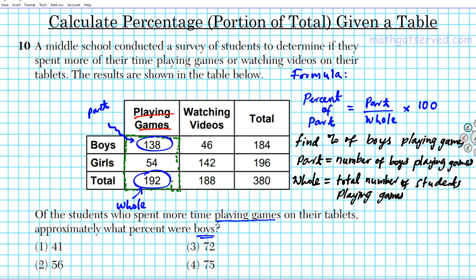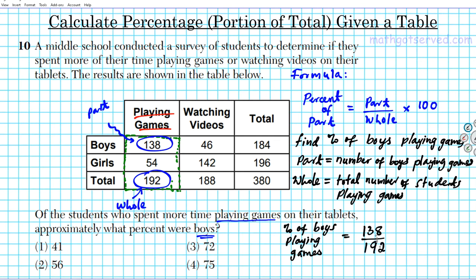Let's go ahead and write it down. The percentage of boys that are playing games, using the formula, is going to be the part, which is the number of boys playing games, 138, divided by the whole or total, which is the total number of students that play games, 192.